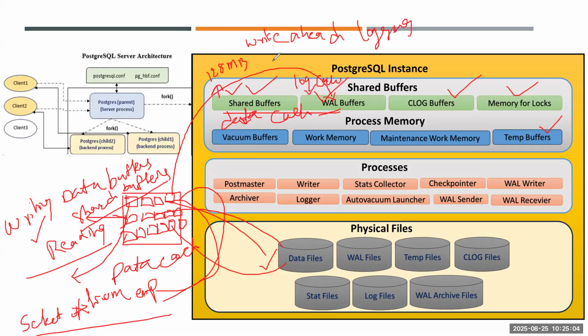Whatever changes you are making, before they go to the data, every change needs to make an entry in the WAL. I am not sure about Oracle, but SQL people can understand because this is how we train. Before changes directly go to the physical files, every change needs to go to the log.